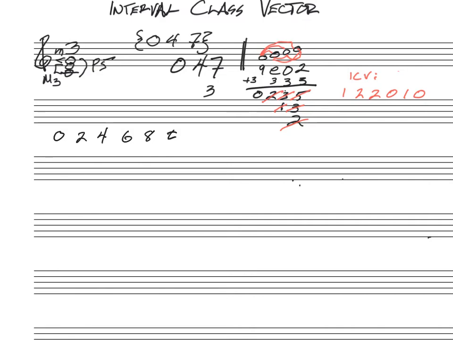Here we start with the original row. Remember, we subtract 0 from everything, and these are the intervals that we get.